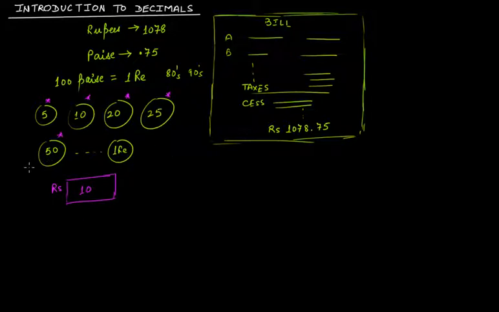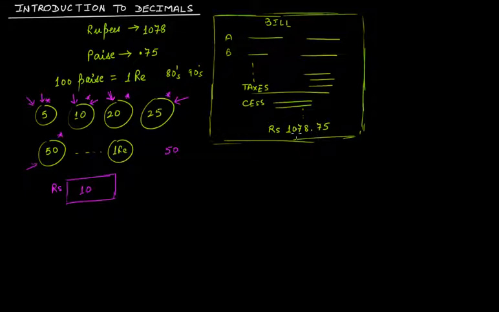So 50 paise we can give either through the 1 coin, or 10 coins of 5 paise, or 5 coins of 10 paise, or 2 coins of 25 paise, and so on. So that will make up 50 paise. I'm just trying to tell you what this paise actually means, okay?